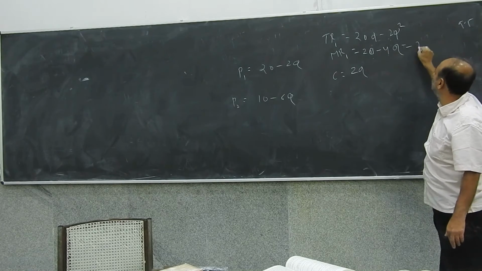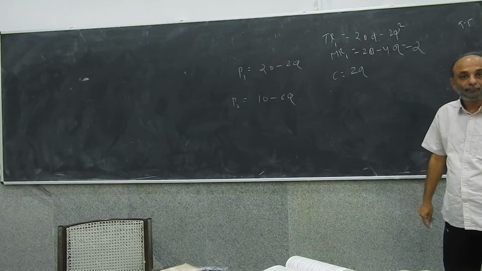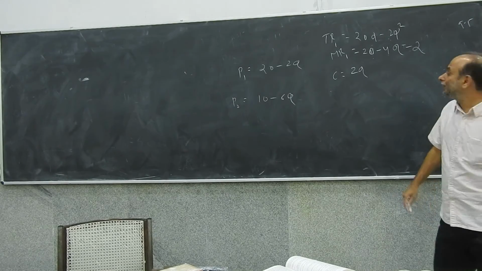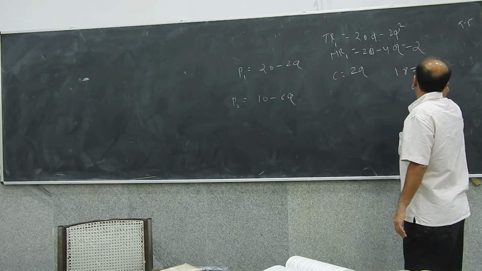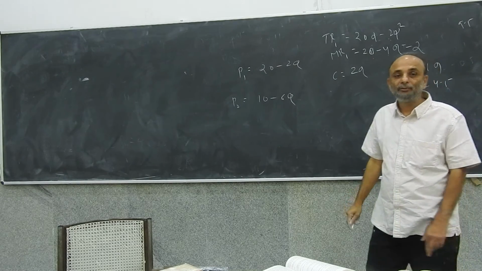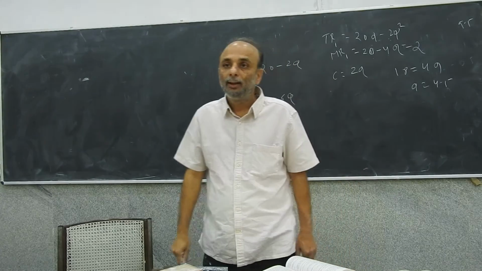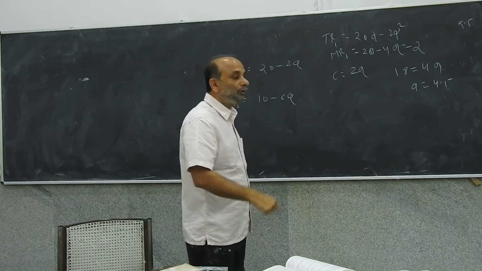This has to be equal to marginal cost, which is 2. So in the first market, 18 is equal to 4Q, or Q is equal to 4.5.